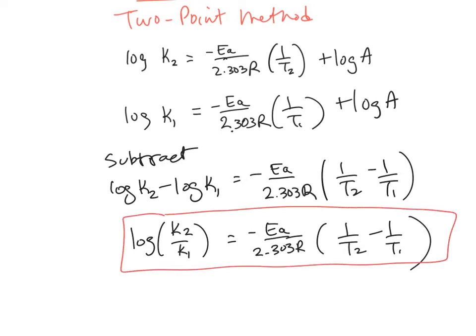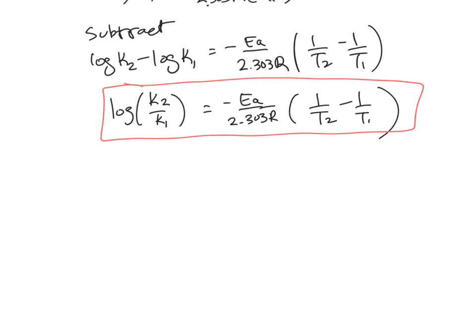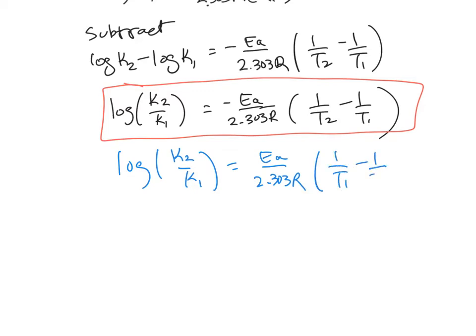Now, I like this form because it comes straight out of the derivation. But different books are different. If you're going to Google this, you might find it slightly different. Another form would be the logarithm of k2 over k1 is equal to positive Ea over 2.303R. And then this would be 1 over T1 minus 1 over T2.